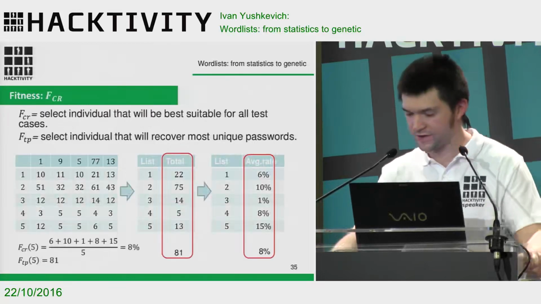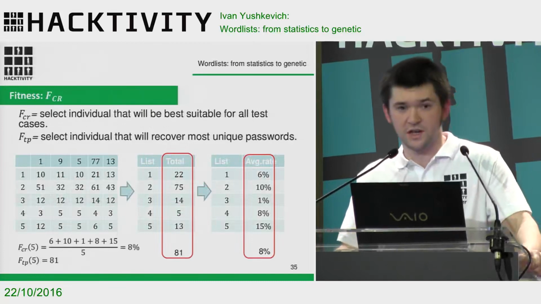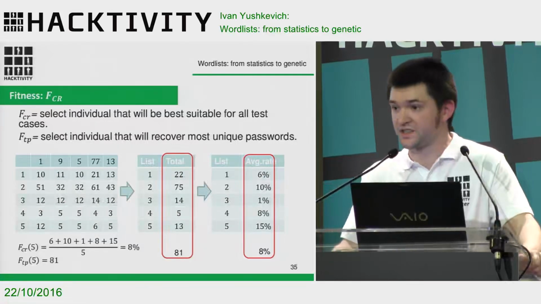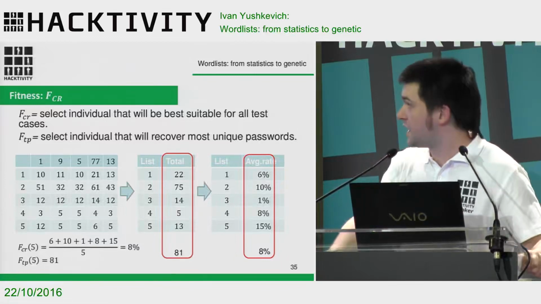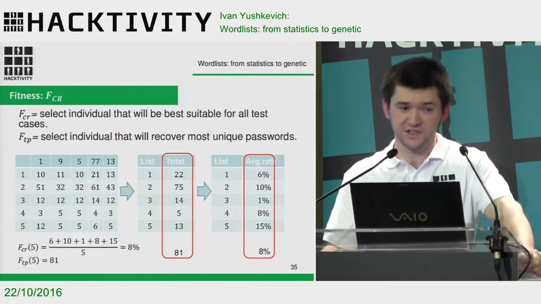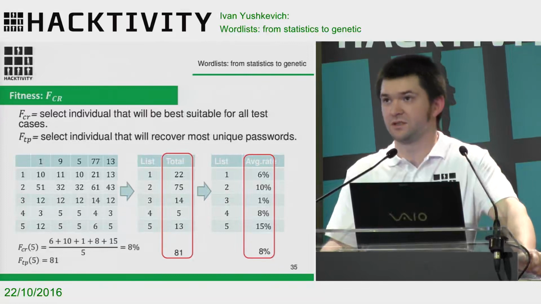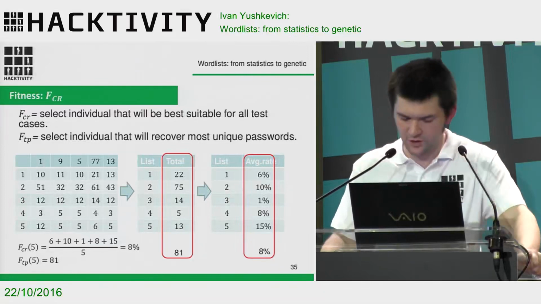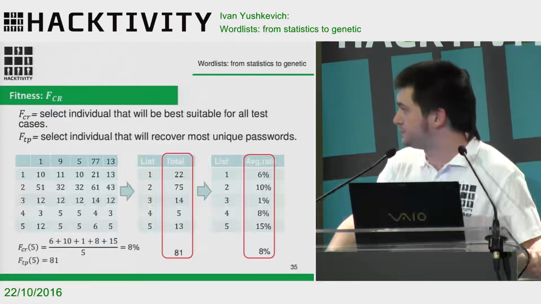The idea of average crack rate is to get the dictionary that is best suited for cracking all test cases. And total passwords is to select the individual that is best to get more and more passwords.